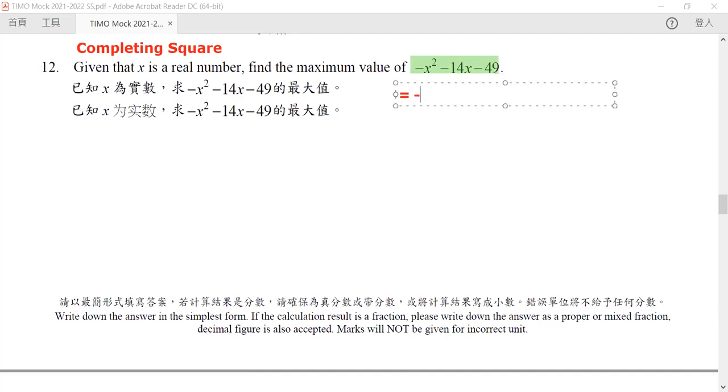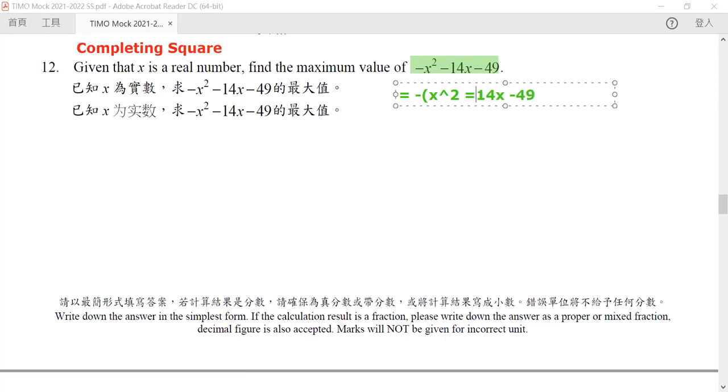Given we have this equation, let's rewrite it as the following: -x squared minus 14x minus 49. Because we want to get the maximum value... Oh, actually, we don't need to rewrite it.